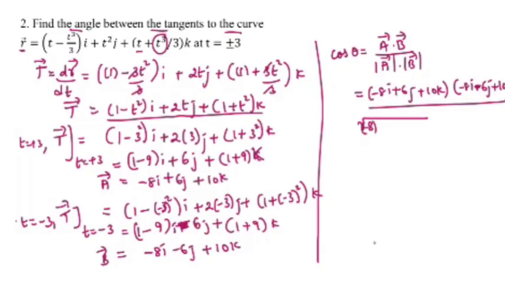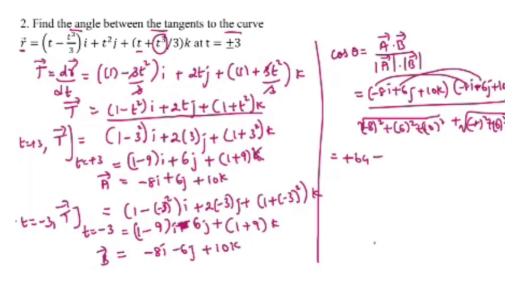So divided by, you have to take the coefficients of i j k and square them, that will be root of minus 8 square plus 6 square plus 10 square, into root of minus 8 square plus 6 square plus 10 square. For the dot product, minus into minus becomes plus, 8 8s are 64. Then plus into minus is minus, 6 6s are 36.